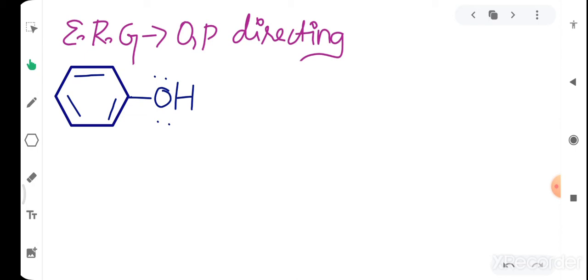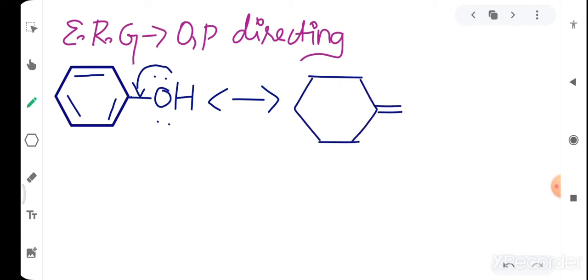So, if an electron releasing group is attached to the benzene ring, the lone pair on the atom will be released. This will result in a resonance hybrid such that there will be a double bond between the carbon and the oxygen, and there is a positive charge on the oxygen atom because it donates electron. Now, if the electron is donated between the carbon and the oxygen, there will be an increase in valency over this carbon atom.